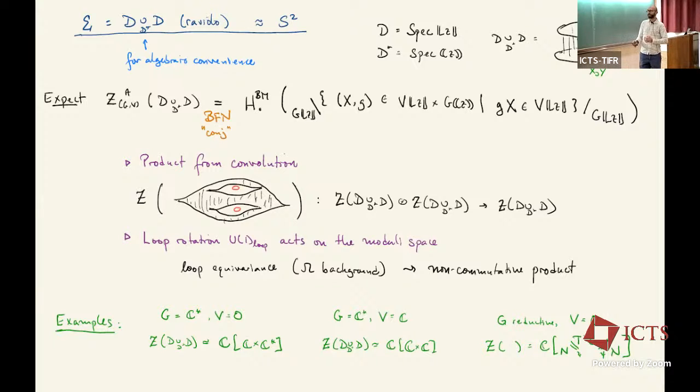And for general reductive group, and I forgot a Langlands dual here, so for general reductive group and zero representation, it was a theorem of Bezrukavnikov, Finkelberg, and Mirkovic that this crazy convolution algebra is functions on a really nice symplectic quotient, actually, of the Langlands dual by nilpotent subgroups on both sides.